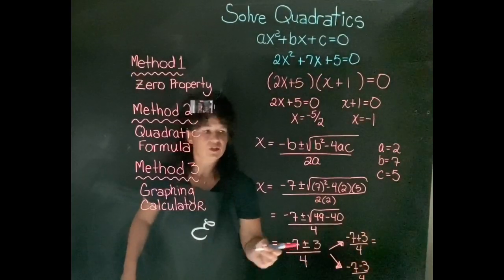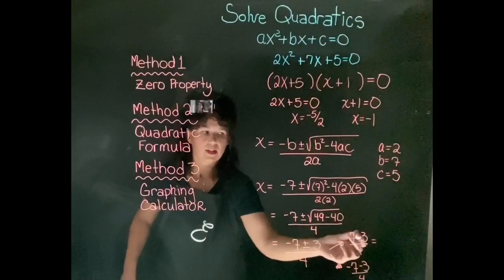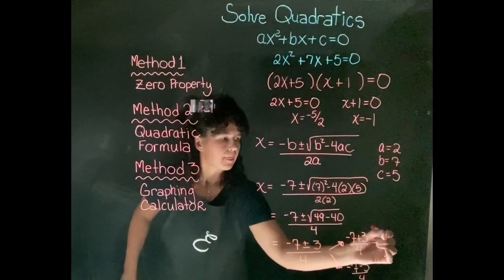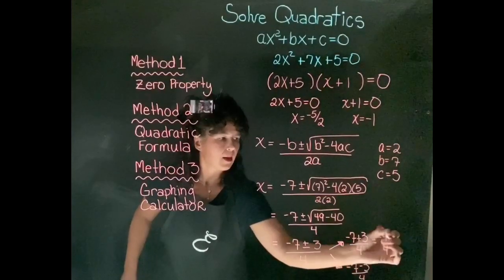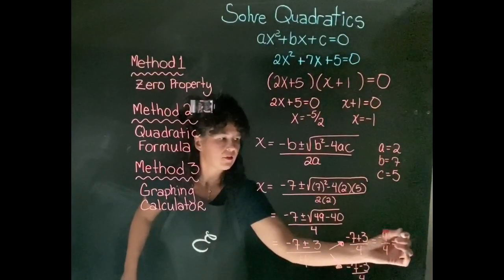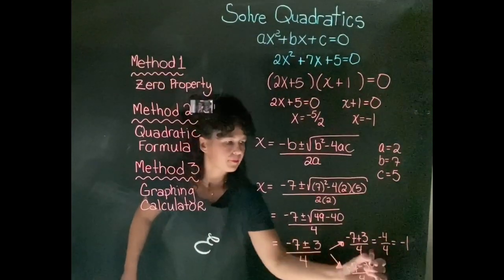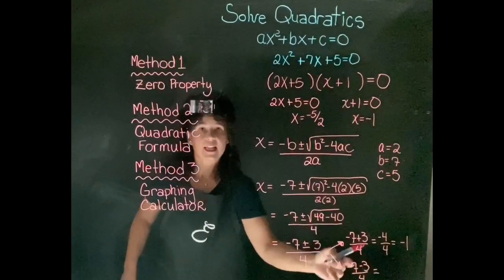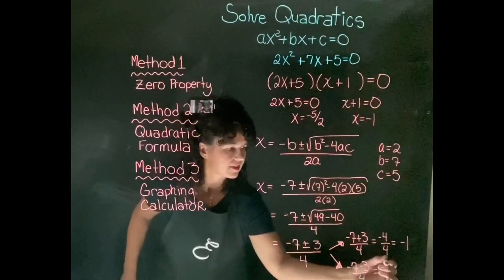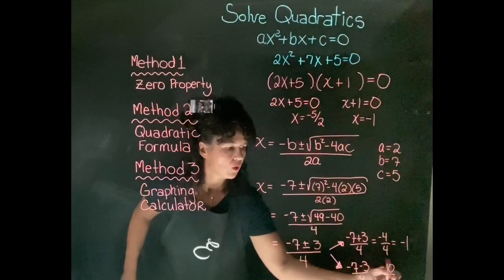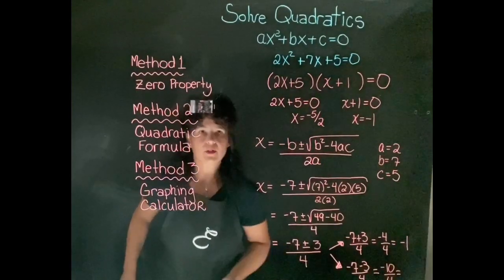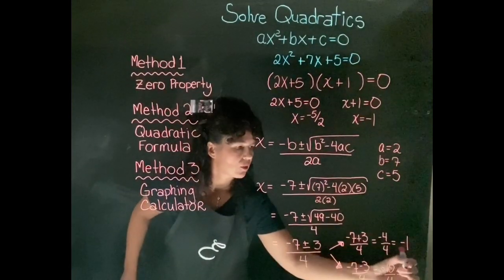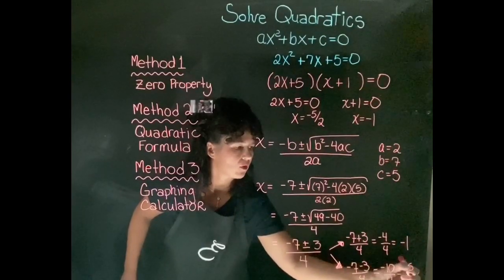Negative 7 plus 3 is negative 4. And negative 4 divided by negative 4 is negative 1. Negative 7 minus 3 is negative 10 over 4. Both of these numbers are divisible by 2, so we get negative 5 over 2.